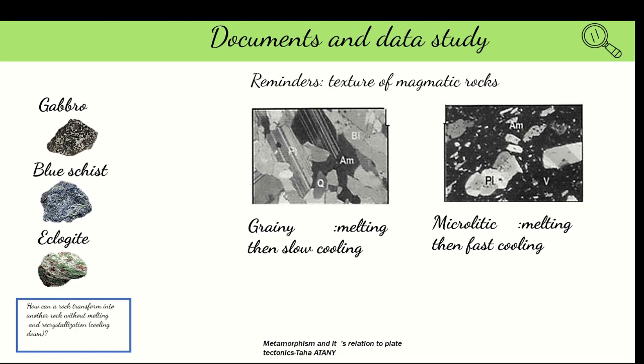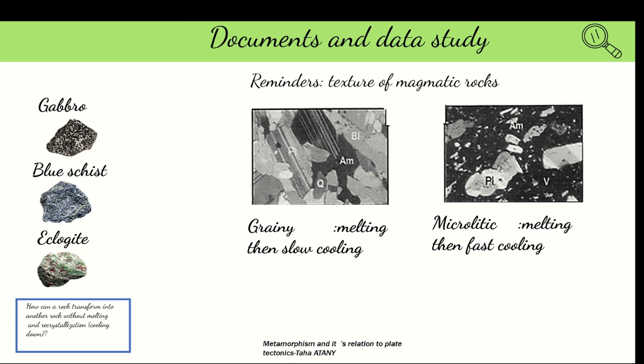Grainy, all minerals form large crystals, however they have random shapes. Grainy is the result of melting down and slow cooling, specific to plutonic rock. Microlithic is melting then cooling fast, specific to some volcanic rock like andesite.